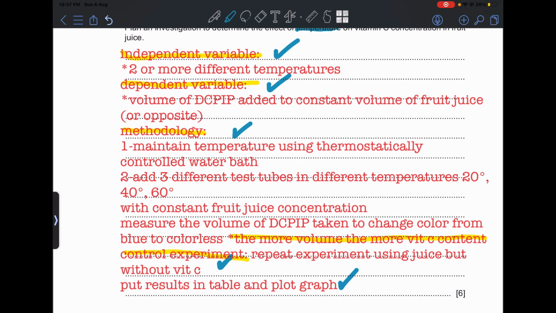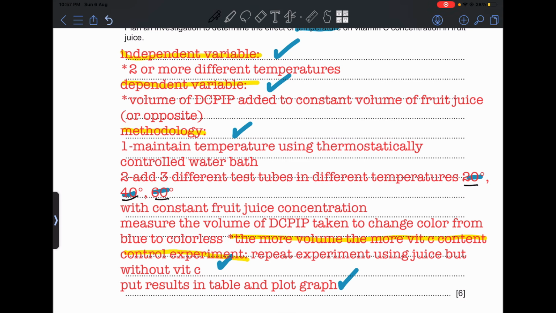Number 2, add 3 different test tubes at different temperatures, 20 degrees, 40 degrees, and 60 degrees, or any range of temperature that you want. And a very important point here, please make sure to use equal ranges of temperature, which means that, for example, between 20 and 40 degrees is 20 degrees, and between 40 and 60 is 20.